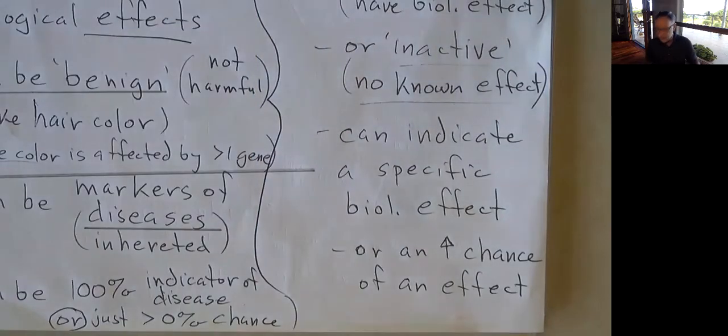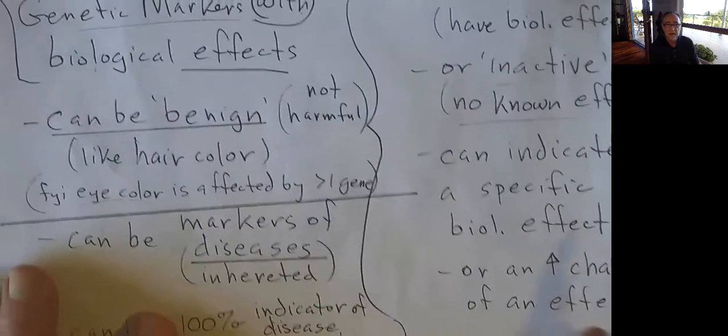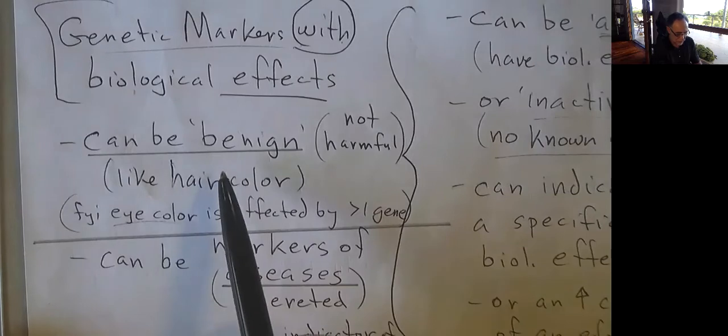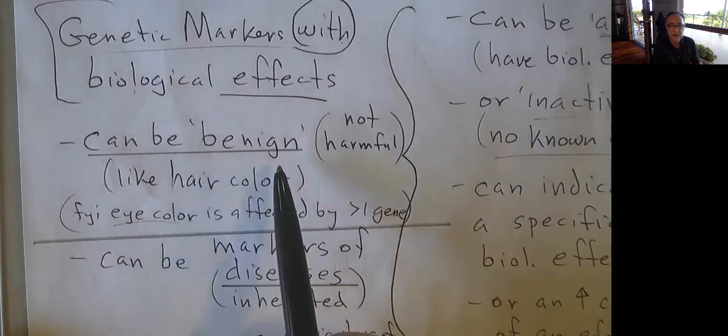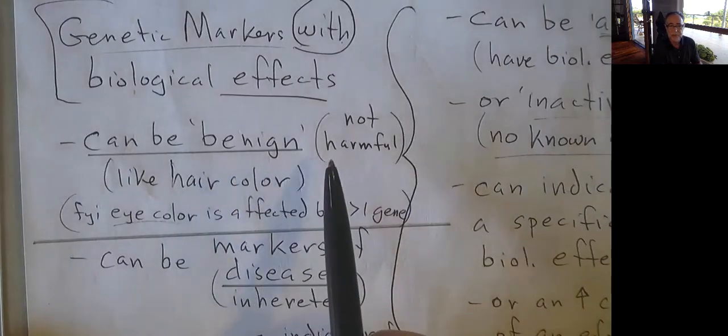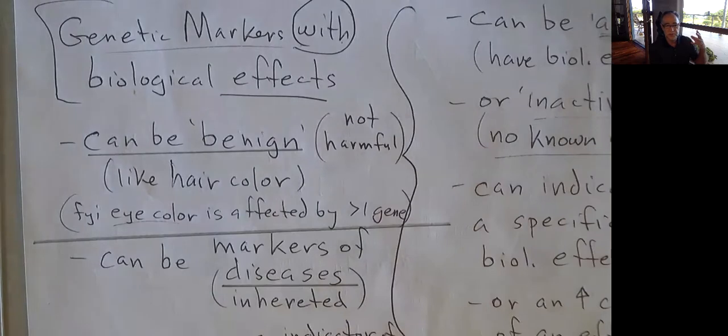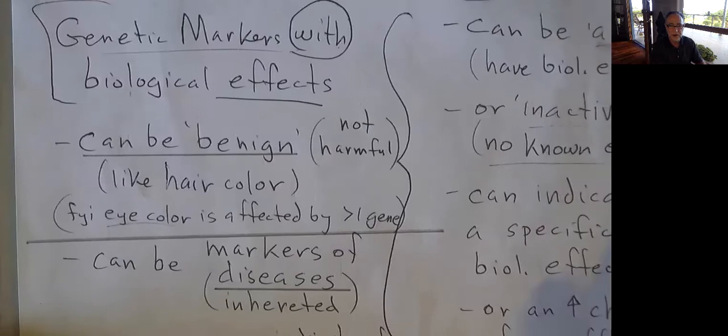So here's this other little list I'm adding there about genetic markers and their effects. Some effects can be benign, just meaning not harmful. Hair color is an example. It's controlled by a few genes, and there are a couple of types of pigment, melanin, the same that's in skin pigment, and pheomelanin, the brilliant red color, like that found in northern Italy and Ireland and so on.